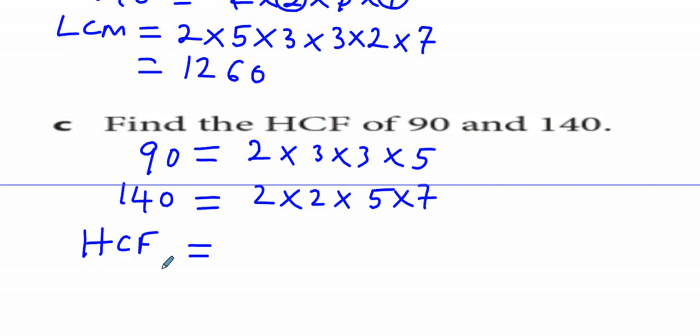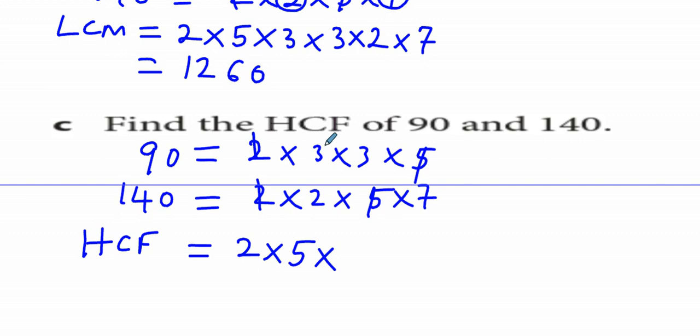For the HCF, like how I said before, is simple. HCF is simple. Look for common factors and leave out those which are not common. So 2 is common. Do that. We have another 2? We don't. 5 is common. Times 2 over here.